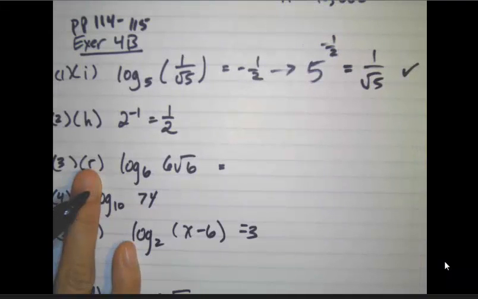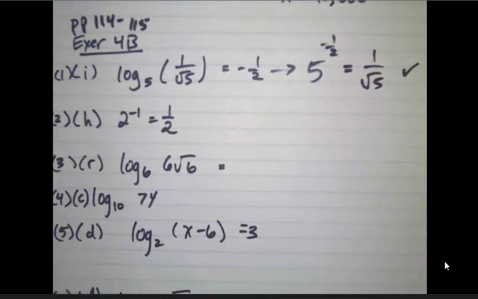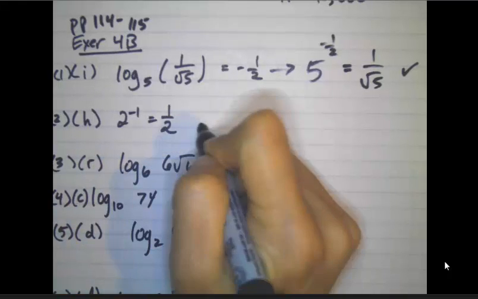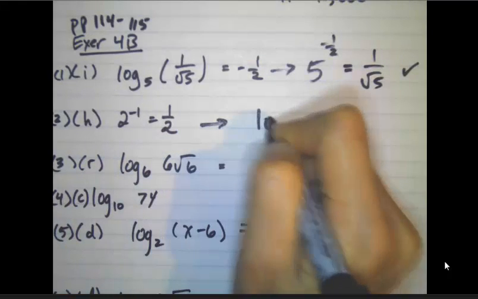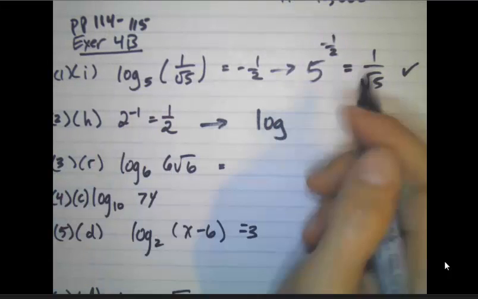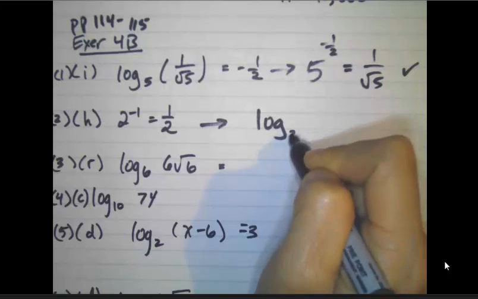Okay. Now, for number 2, it says write an equivalent logarithmic equation for. So now we're given an exponential equation. And so what we're going to do is we're going to write log. Now, what is the base here? Well, in this case, the base is 2. Okay.